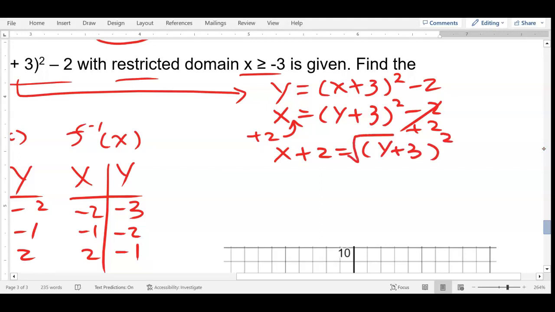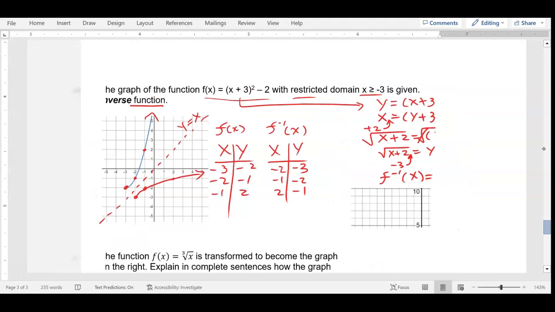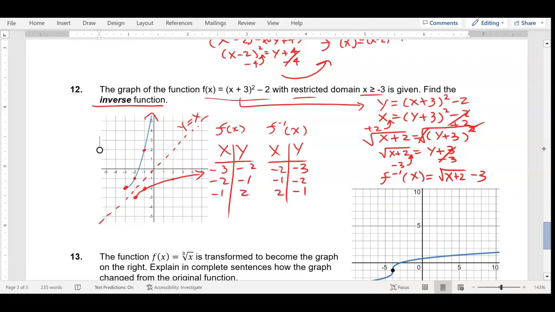To get rid of the square, you do square root. To get rid of the +3, you subtract 3, and do not combine it, you put it after. So our inverse function is the square root of x plus 2, underneath the square root, minus 3 after the square root. And that matches up with our graph here. We have a square root function that went left 2, down 3. Left 2, down 3. Perfect.